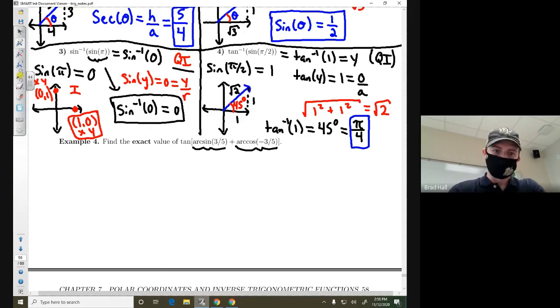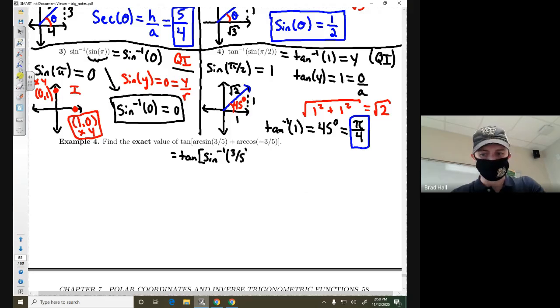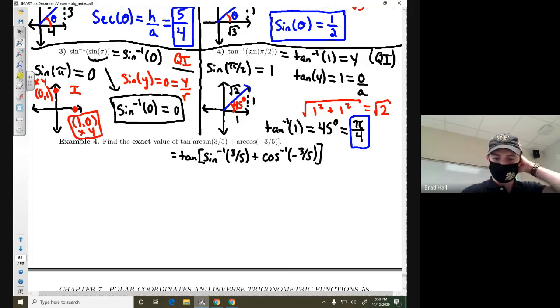So I think, or I hope that everyone already sees that we can treat the arc sine as sine inverse, because it's just a notation thing. Negative 3 over 5. And let's go ahead and do both of these off to the side. I'm going to do sine inverse all the way down here.